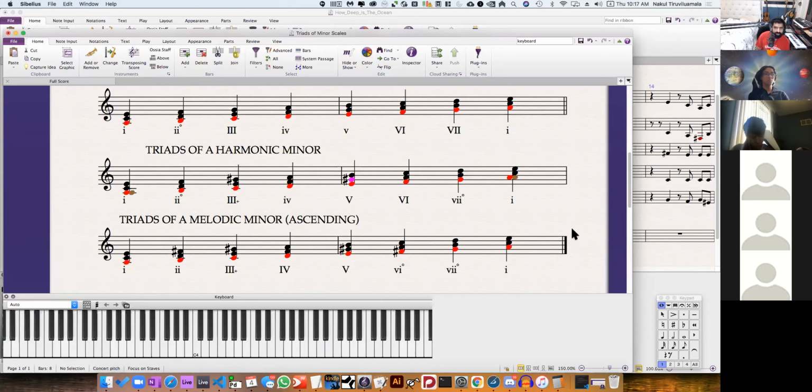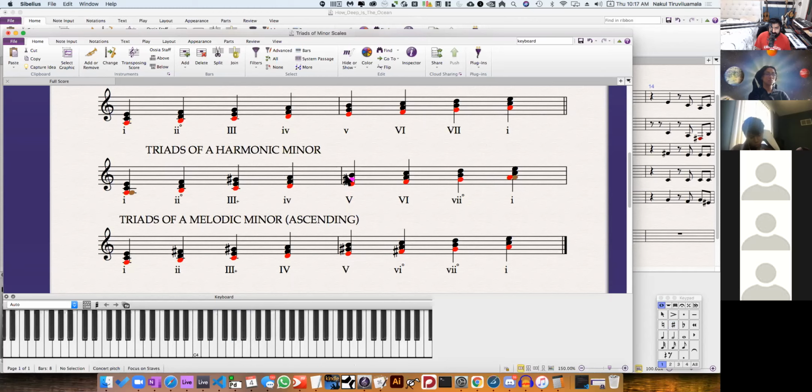And notice how the tonic of the scale is basically the anchor of the entire scale, right? The first scale degree is the tonic of the entire scale. You can think about each chord as having its own anchor, but you can think of the scale in itself as having its own anchor, too. What I want you to notice is that this leading tone going to tonic is just a half step away.